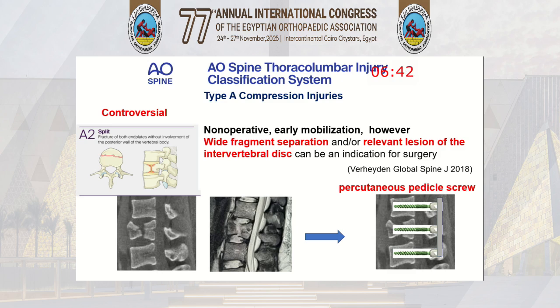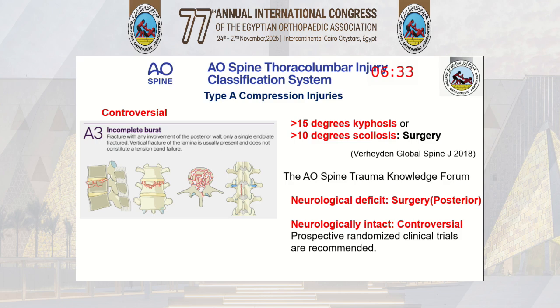This is a high risk of non-union. That's why sometimes we do this kind of percutaneous screw fixation. A3, as I said, is controversial. More than 15 or more than 10 degrees of kyphosis or scoliosis are candidates for surgery.